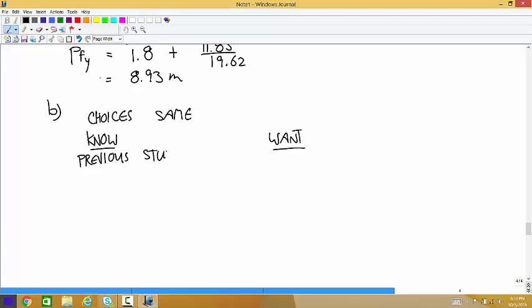So we still know all this. And we also know PFY is 8.93, and we're trying to find PFX. I think there's nothing that works, so we have to find time final.